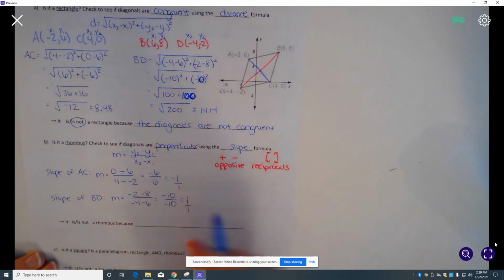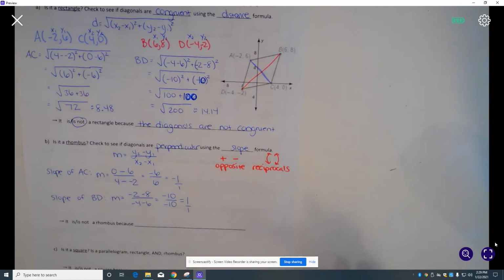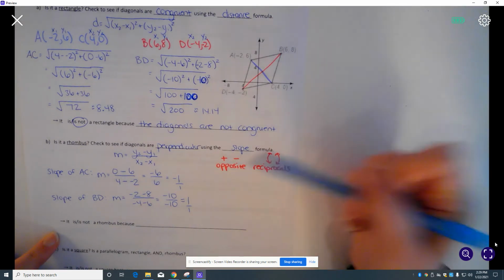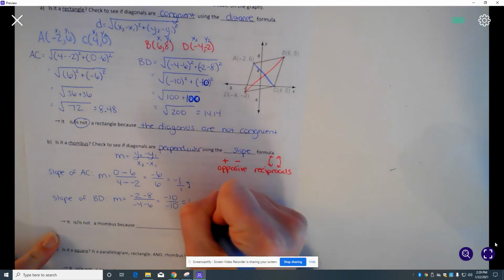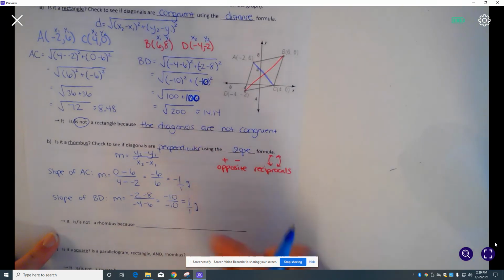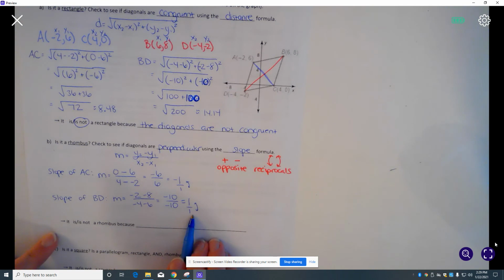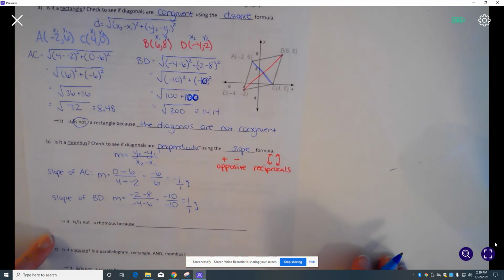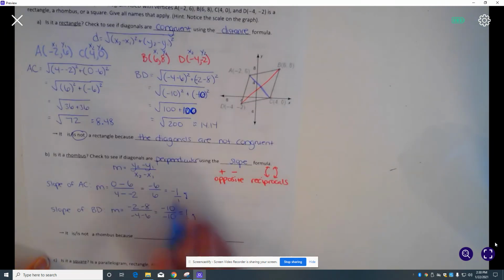So we want to know, are -1 and +1 opposite reciprocals? Well, this slope is negative, this is positive, so they are opposite. And if I flip 1 over 1, I get 1 over 1, so they are also reciprocals. So because these slopes are opposite reciprocals, the diagonals are perpendicular.